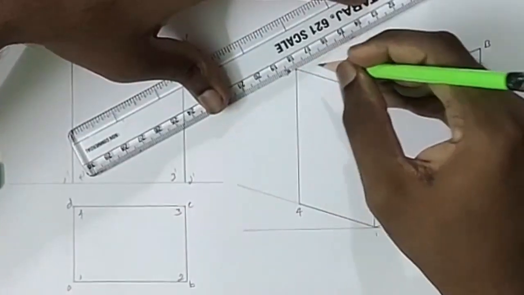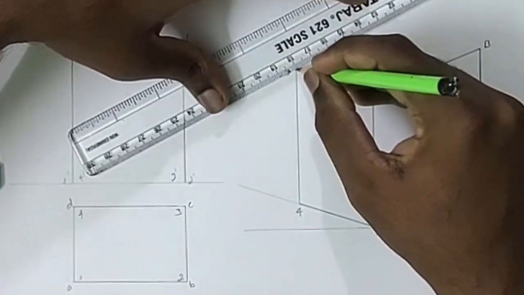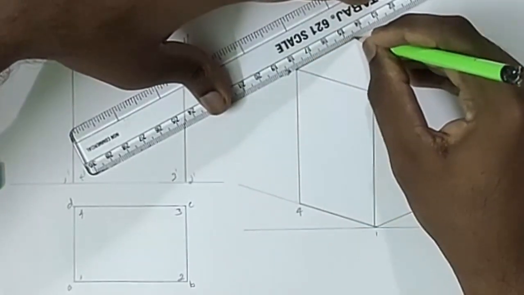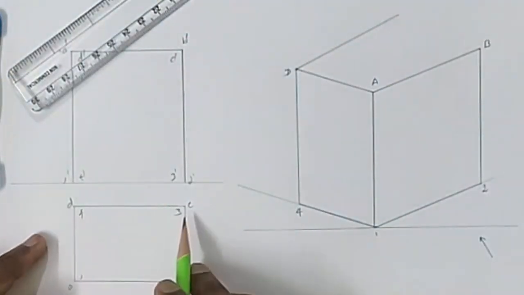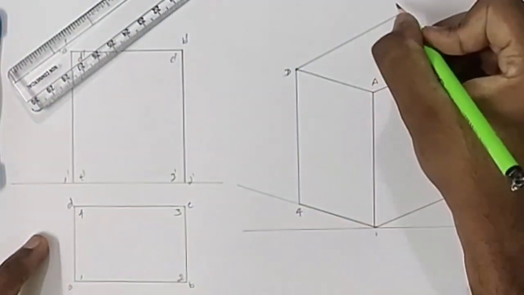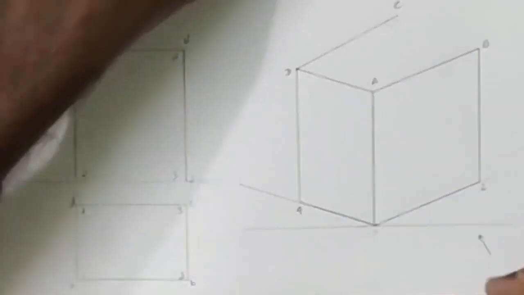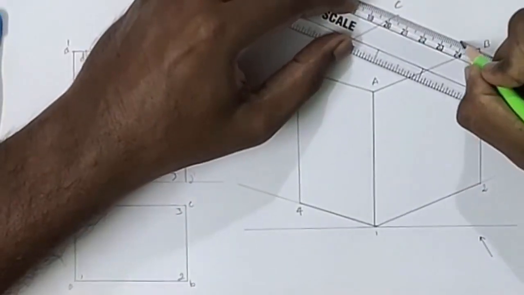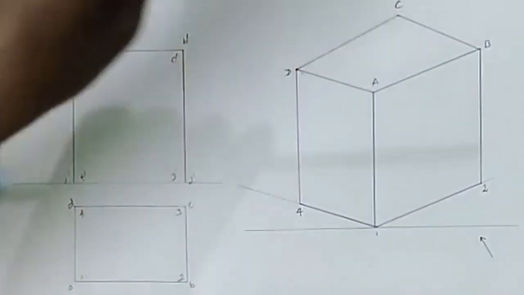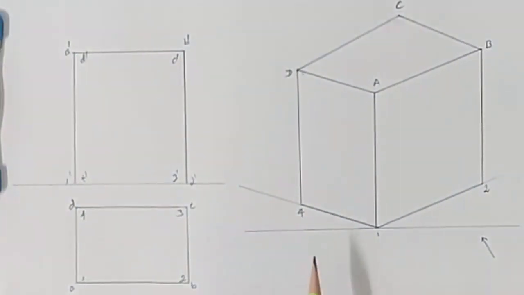So let us draw a line of the same 60 mm width, and this will be the point C. And if you connect this point to B, now we have got the whole view of that rectangular prism. Thank you for watching.